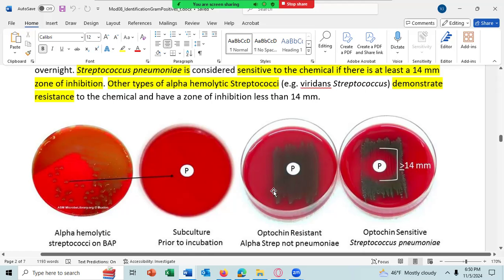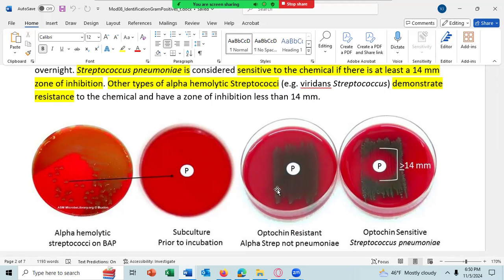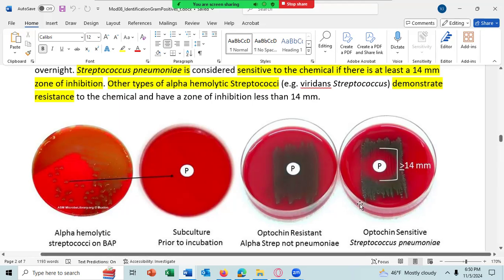If the bacteria are resistant to the optochin, this bacteria is not Streptococcus pneumoniae. If the bacteria has a zone of inhibition of 14 millimeters or greater, then it is sensitive to optochin and it is Streptococcus pneumoniae, because Streptococcus pneumoniae is the only member of the Streptococcus family which is alpha hemolytic and sensitive to optochin.